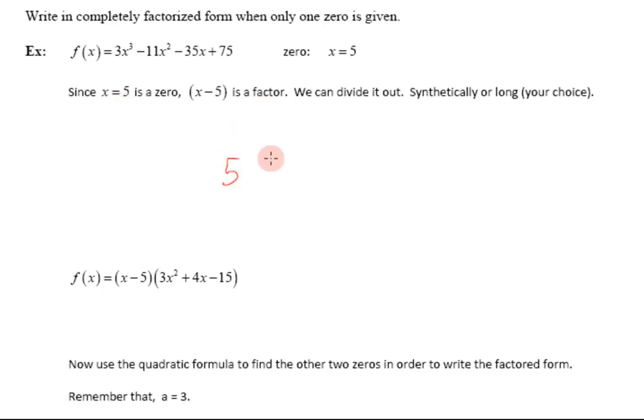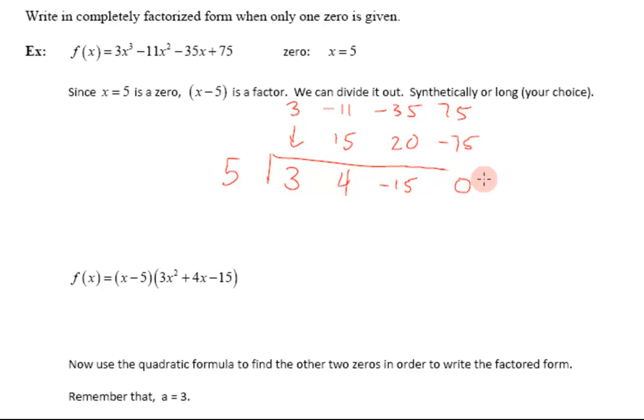So if I do synthetic division, I'll go like this, and then put my coefficients up there, 3, minus 11, minus 35, plus 75, and I drop the 3, right? 15, minus 11 is 4, 20, negative 15. Now what should I expect to get here? 5 times negative 15 is negative 75.